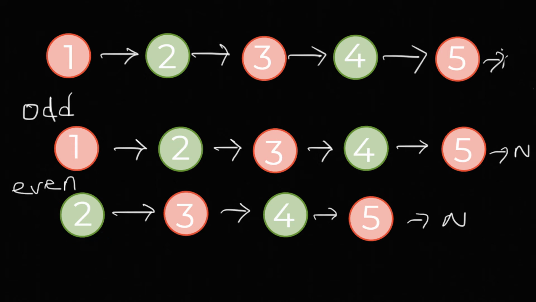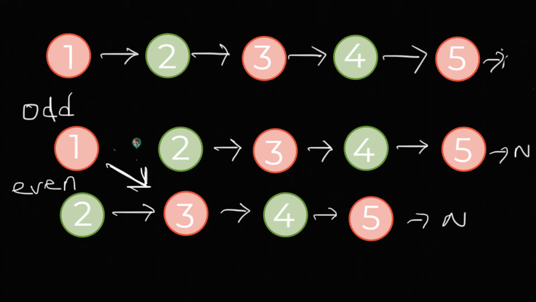First one is we're going to set odd.next to even.next, which means that we're going to move this pointer and point it here. So odd.next points to even.next. So when we do that, we've essentially blocked the connection between 1 and 2. 1 now points to 3. So let's erase the connection between 1 and 2.